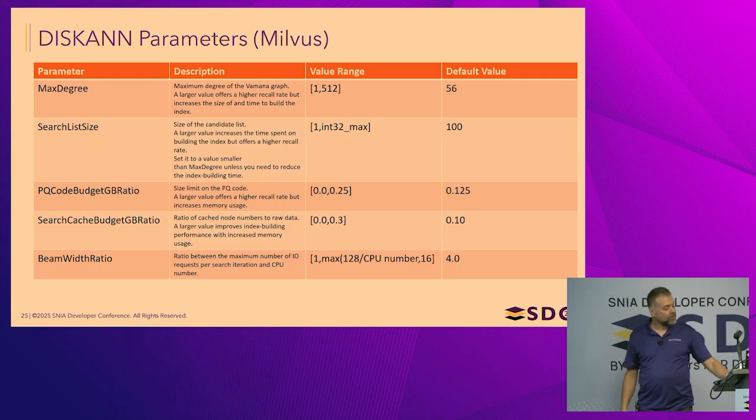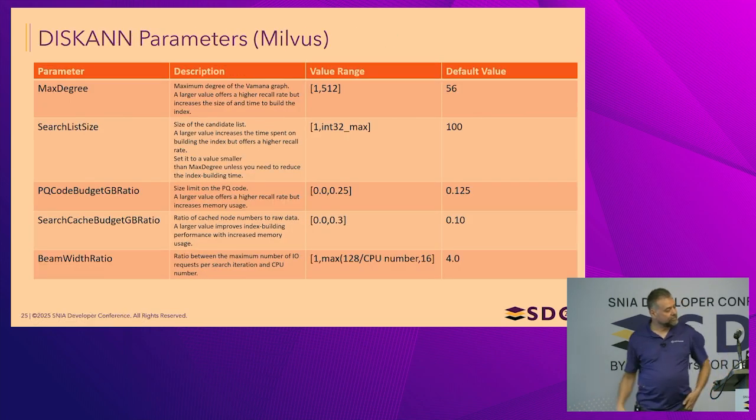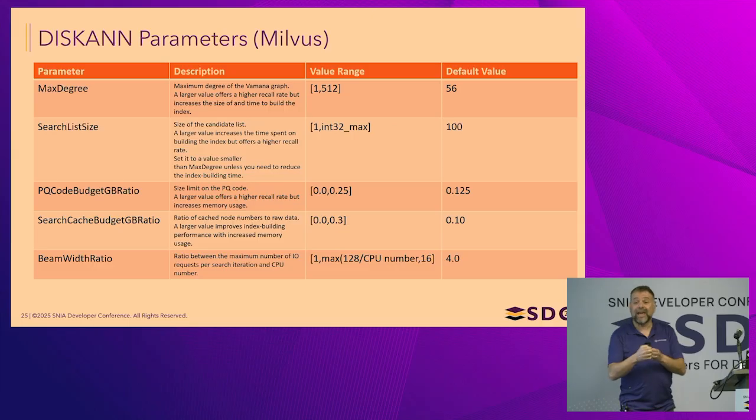Things to note. When you're creating a DISKANN, an important parameter is max degree. If you're working with HNSW, it's going to be M, but it's how dense you want your index to be. So how many connections per point you want, right? Obviously, the higher the max degree or higher M, you have a larger index and a better quality index in that case.